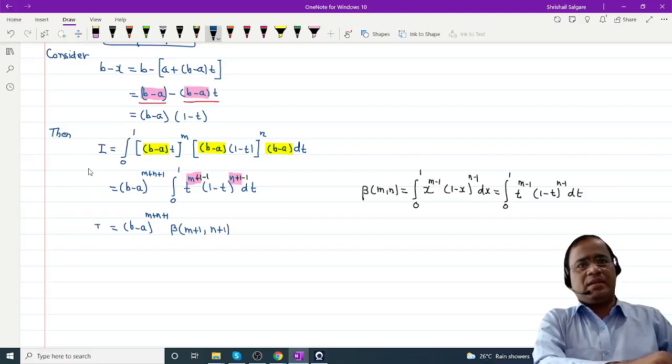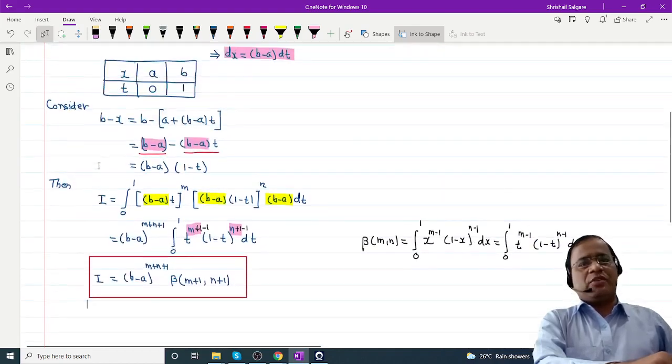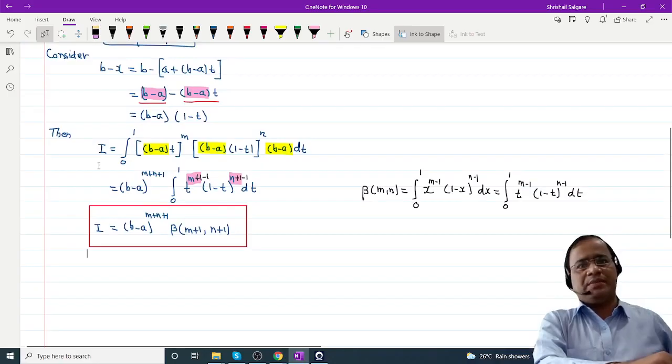And I think that is the required answer. If required, I will scroll a little bit up. Now you can see that is the required answer. So that was one particular example. If there are any doubts, I will take them; otherwise I will continue with the second example.